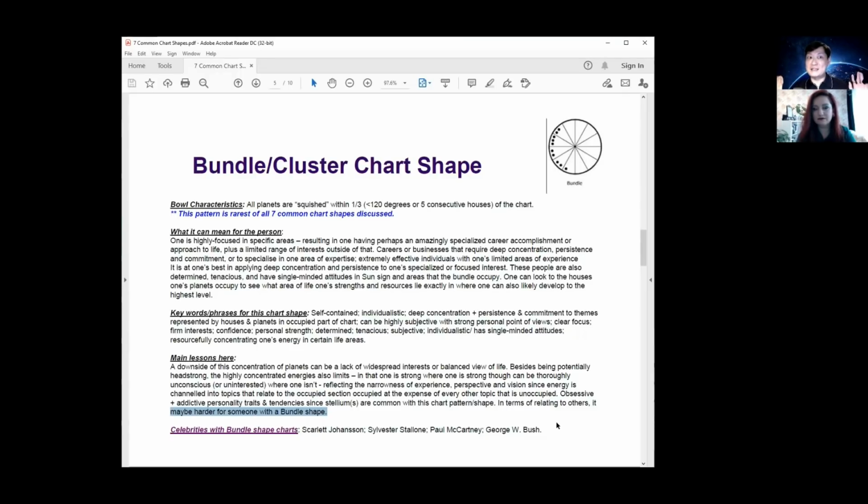But someone with a bundle below the ascendant-descendant line can be very much an introvert. Still, when they let somebody in, they would be very caring. That doesn't mean someone with a bundle chart will be doomed for relationships.